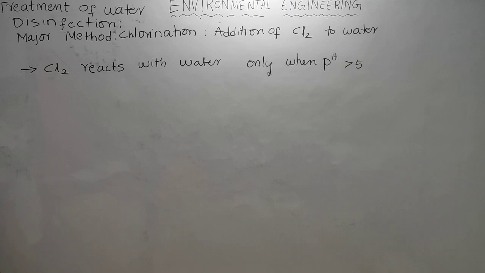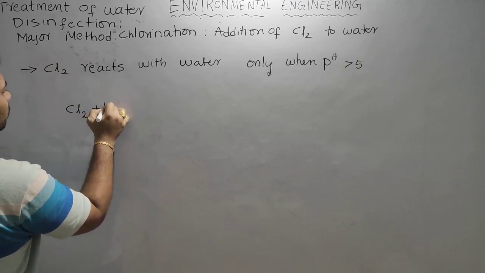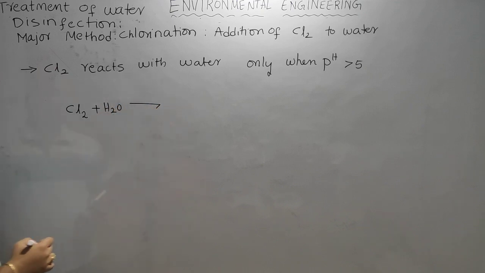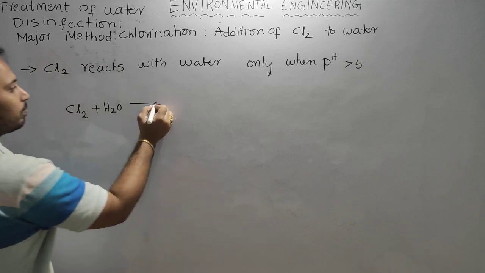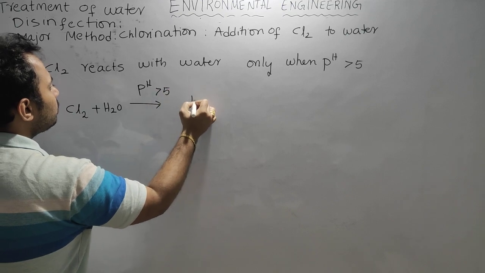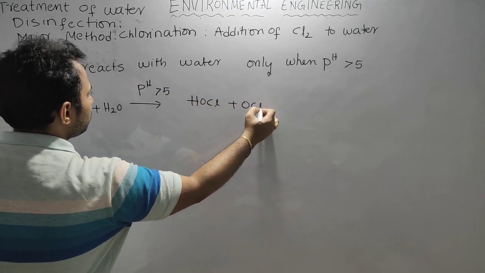So Cl2 plus H2O, when the pH is greater than 5, forms HOCl plus OCl minus.